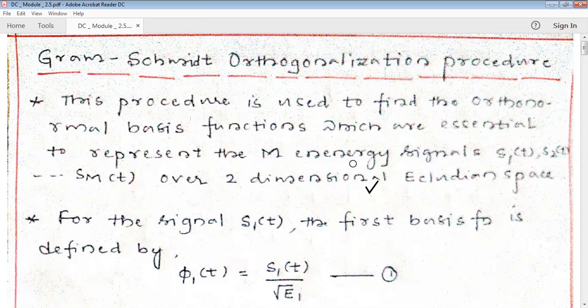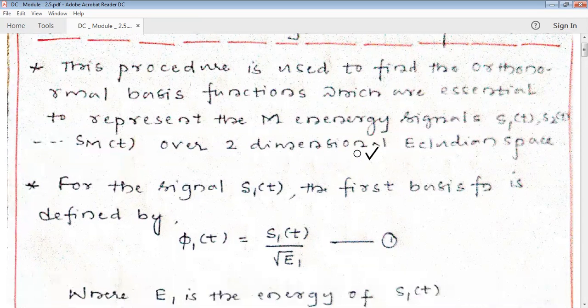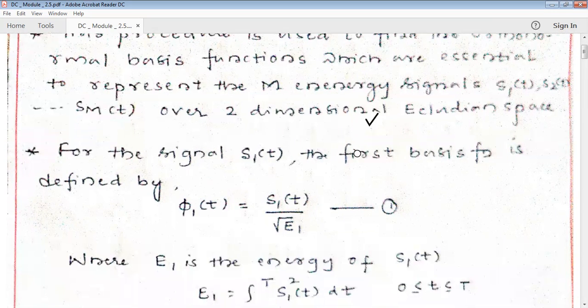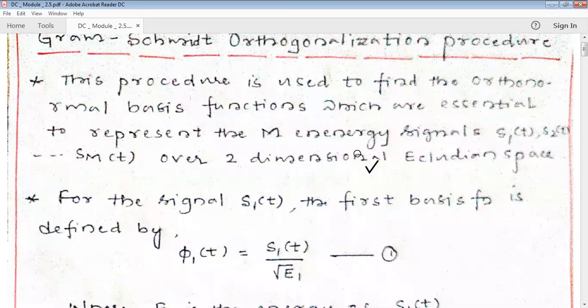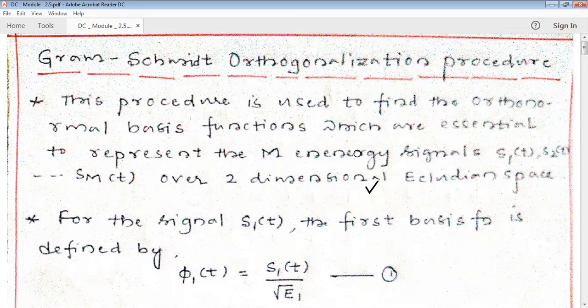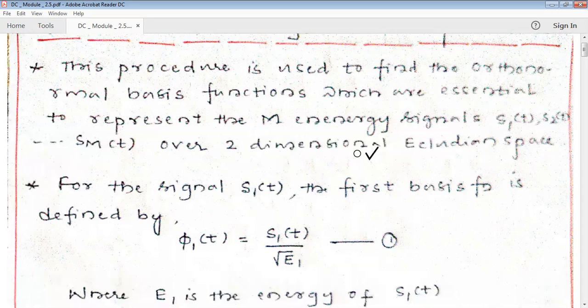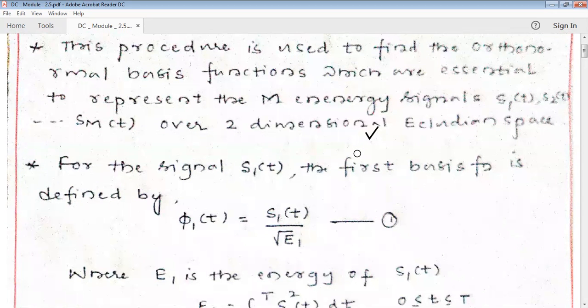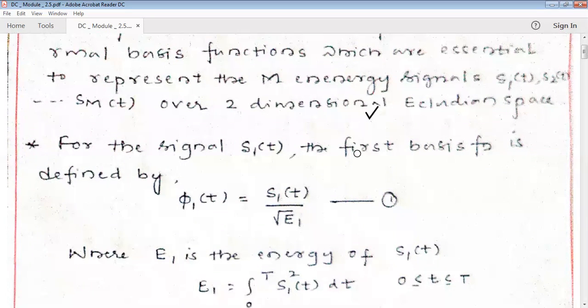This procedure is mainly used to find the orthonormal basis functions which are really necessary to represent m energy signals over two-dimensional Euclidean space, since basis functions are a part of representing signals in two-dimensional Euclidean space.